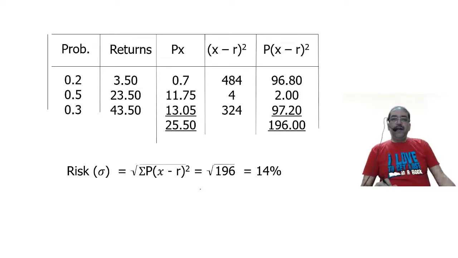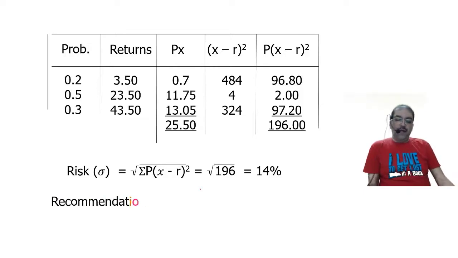So M Limited standard deviation is 21%. N Limited standard deviation is 14%. Whichever company's shares have a higher standard deviation, those shares are carrying a higher amount of risk.